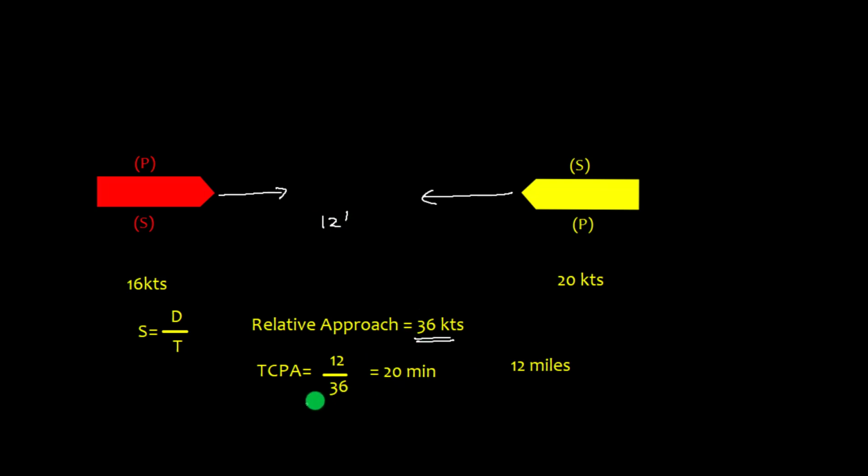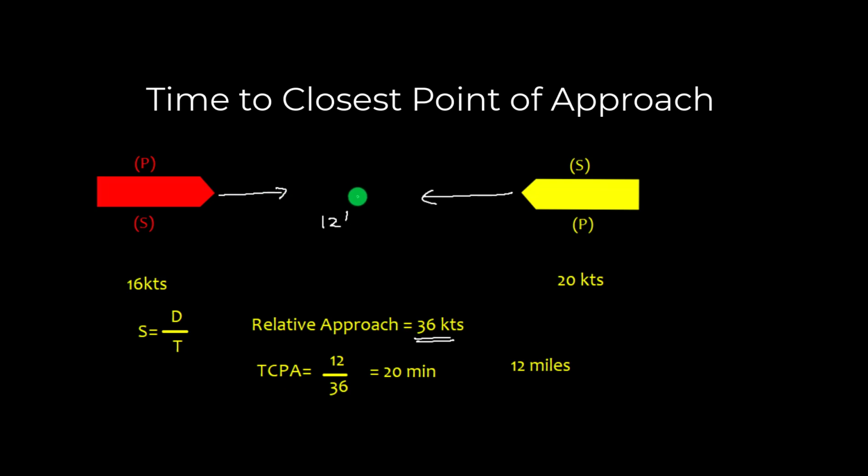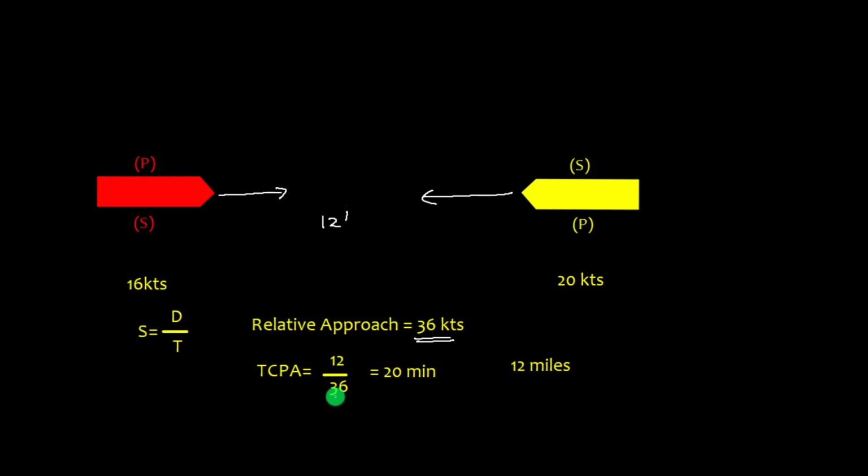So the TCPA, the time in which they will meet, will be 12 divided by 36, that is 1 by 3, and if we multiply by 60, that is 20 minutes. Now suppose this distance is reduced to 6 miles.